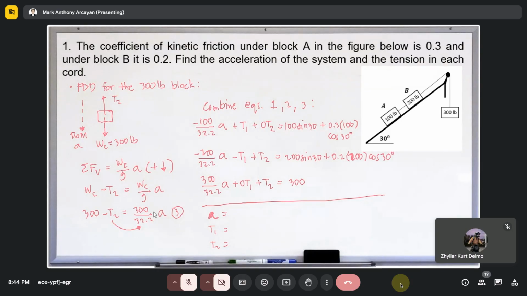Then for the second equation, negative 200 divided by 32.2, then negative 141, 142. Then the constant is 200 sine 30 plus 0.2 times 200 cosine 30.